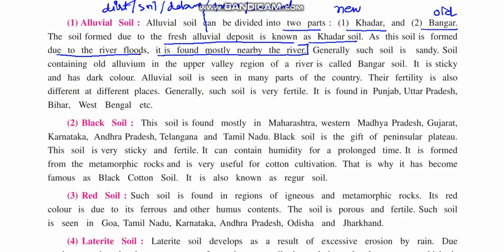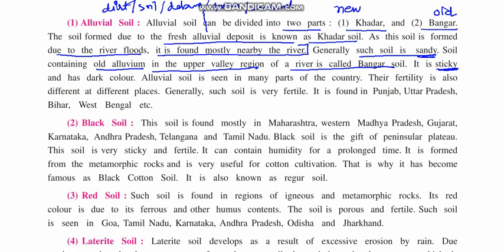Generally such soil is sandy. Soil containing old alluvium in the upper valley layer of a river is called bangar. It is sticky. Now, old is sticky while new is sandy.